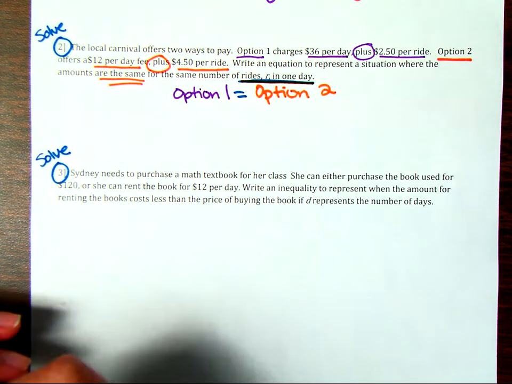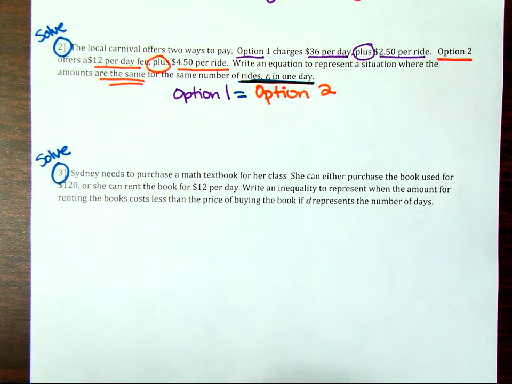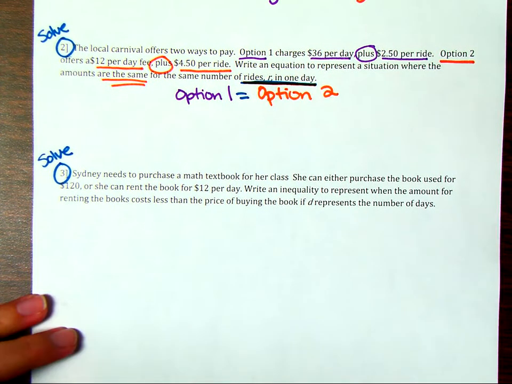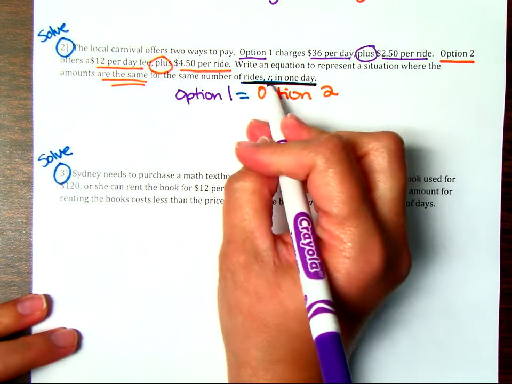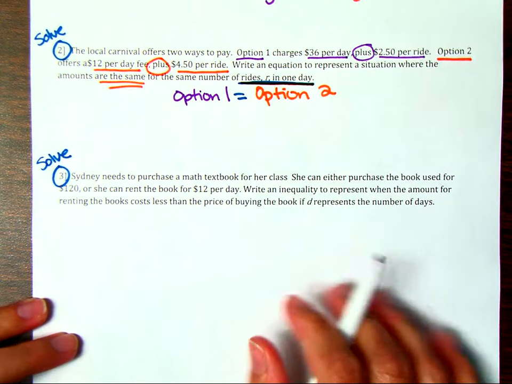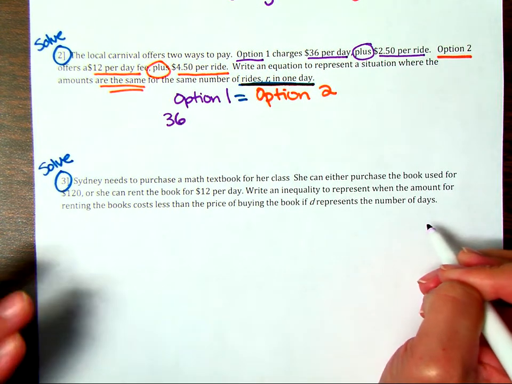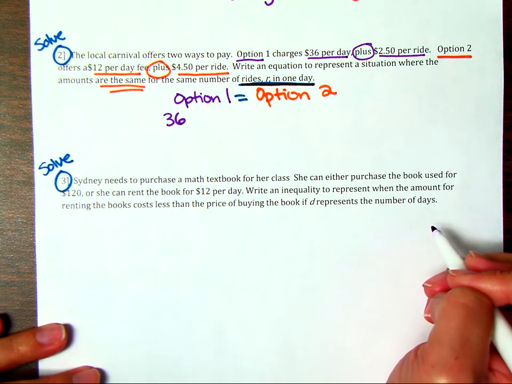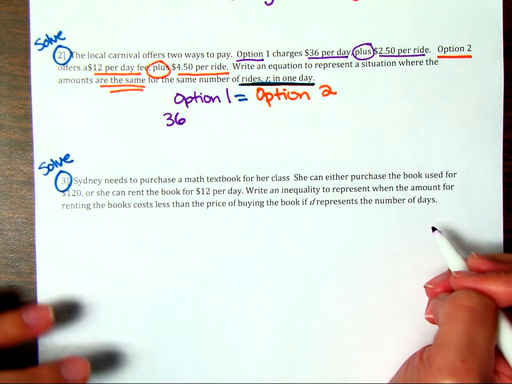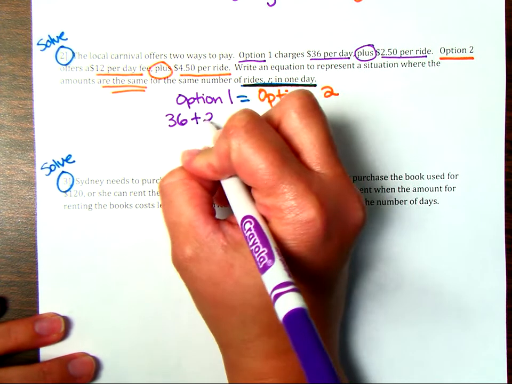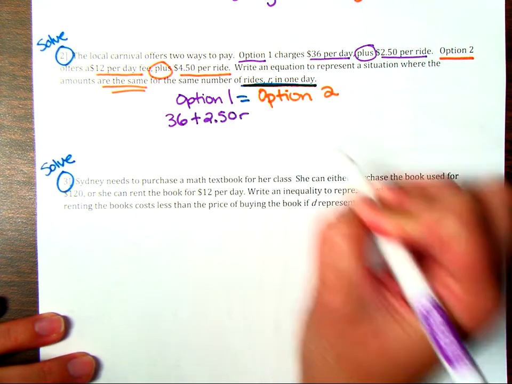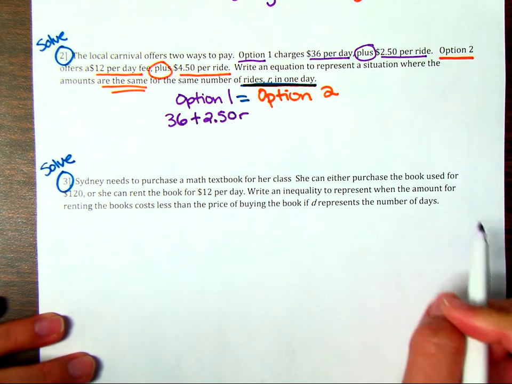So if we look at option 1, we want the expression that represents their information. And they're already telling me that R is my variable for rides. So you're paying $36 at that carnival as soon as you go in. You don't even have to ride any rides, but you've paid $36. Plus $2.50 per ride. So that's my expression for option 1.